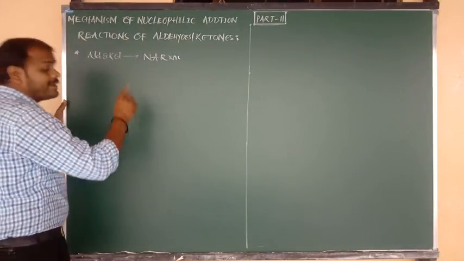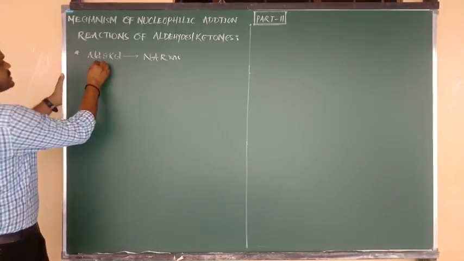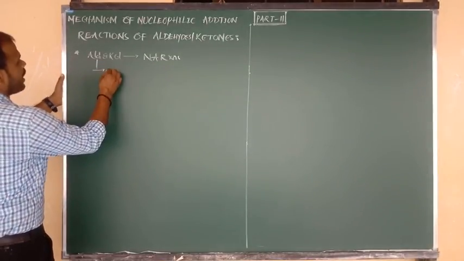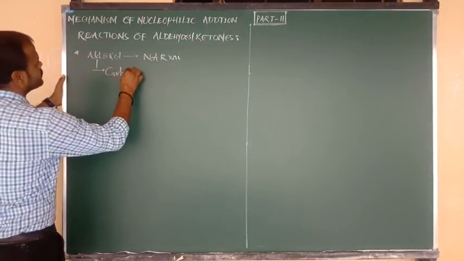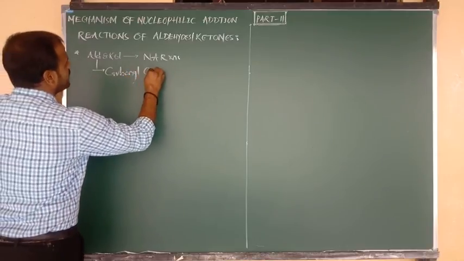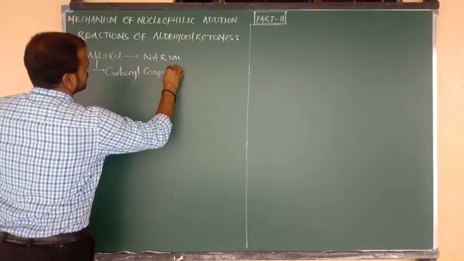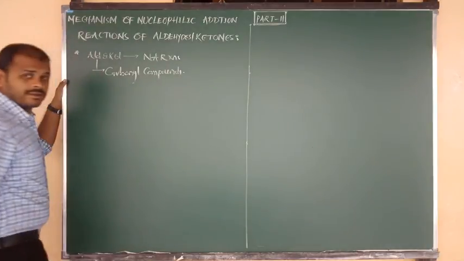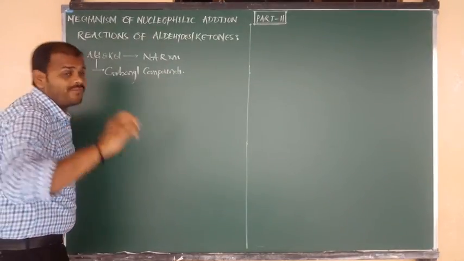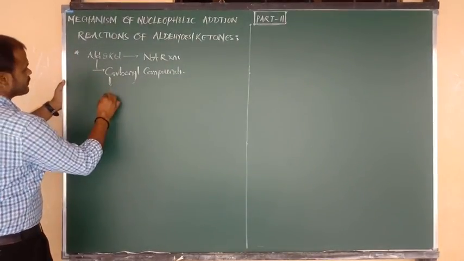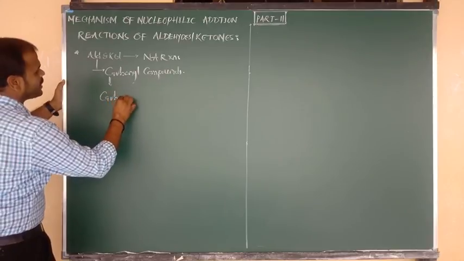The reason is that aldehydes and ketones are both carbonyl compounds. That means they have the carbonyl functional group.